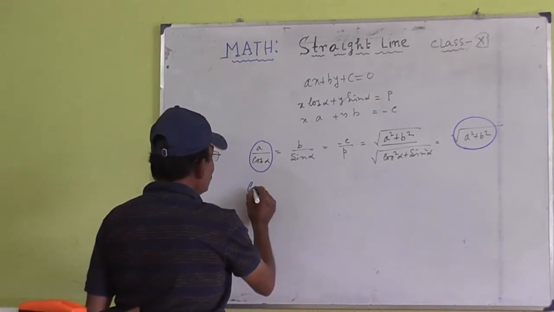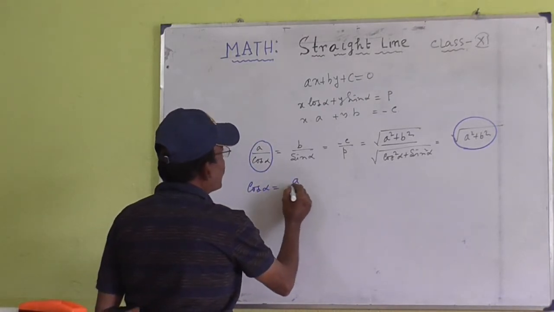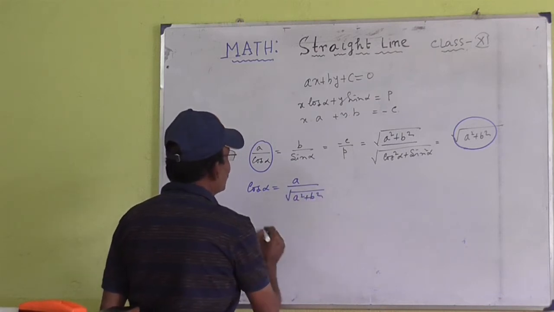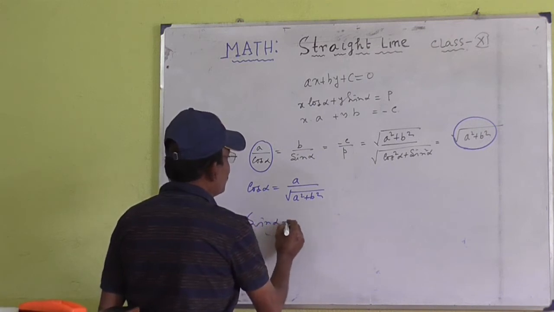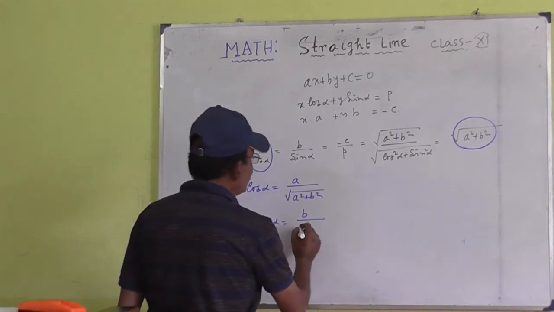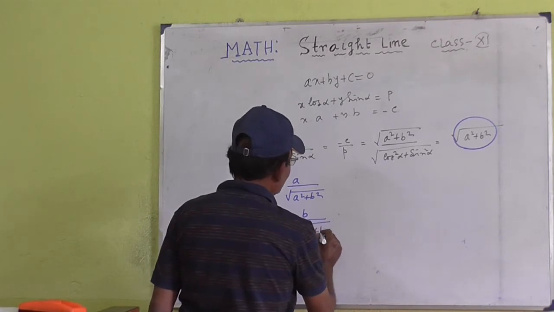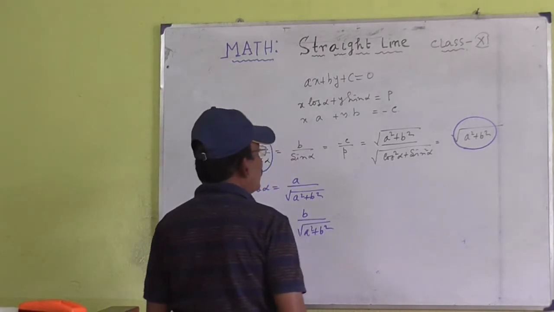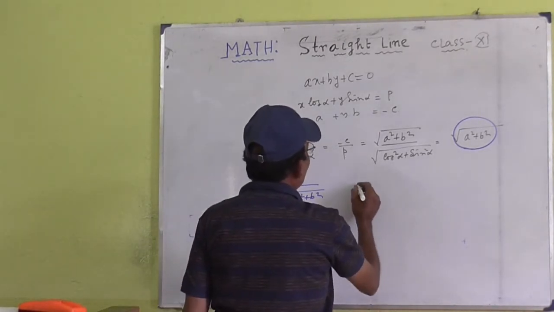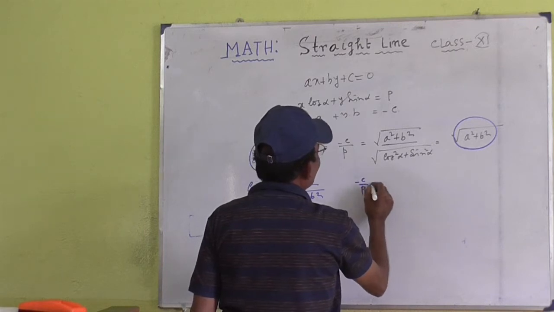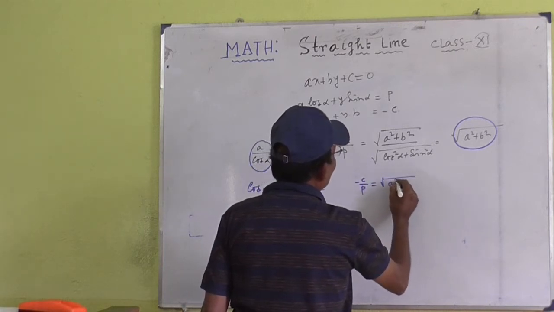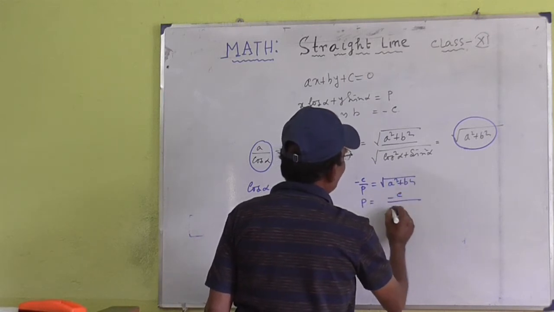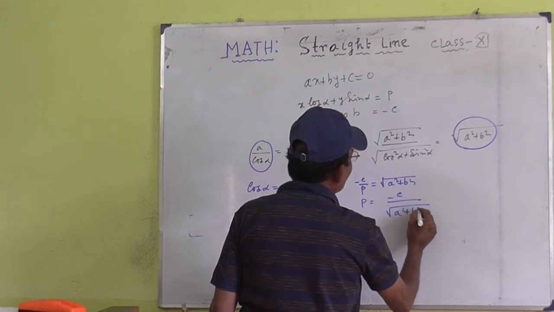So cos alpha equals A by root over A square plus B square, and similarly sin alpha equals B by root over A square plus B square. And minus C by P equals root over A square plus B square. So P equals minus C by root over A square plus B square.